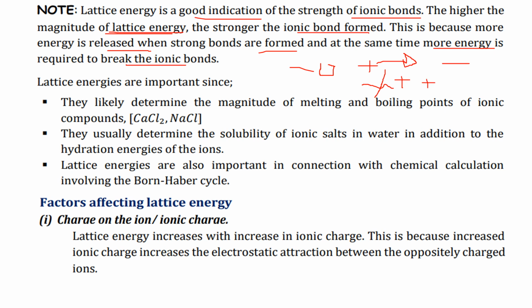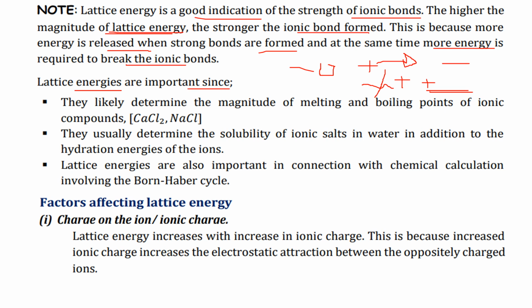And the reason for that is because an equal and opposite magnitude of energy is going to be required to break such bonds, so that we release the various gaseous components present in such a compound. Now lattice energies are important in the following ways.